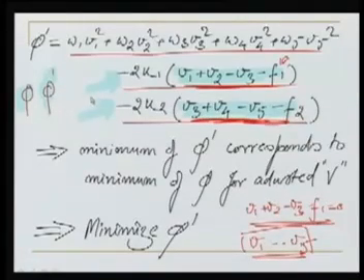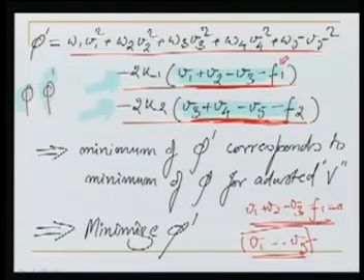So including these two terms in phi dash doesn't have any effect actually, because for adjusted observations, or the other way around, if phi dash is minimum, that is equivalent to saying phi is also minimum, since for adjusted observations these terms are already 0.